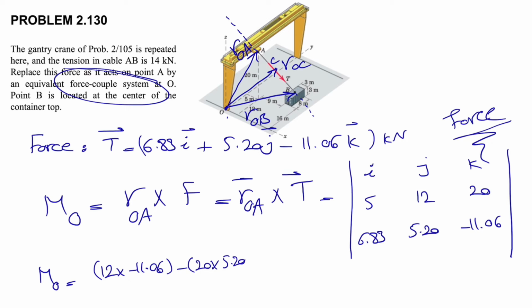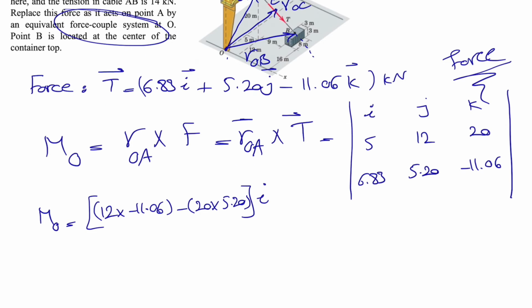So the rest of this is solving this determinant, and for that we have, for the I component, 12 times minus 11.06 minus 20 times 5.20.